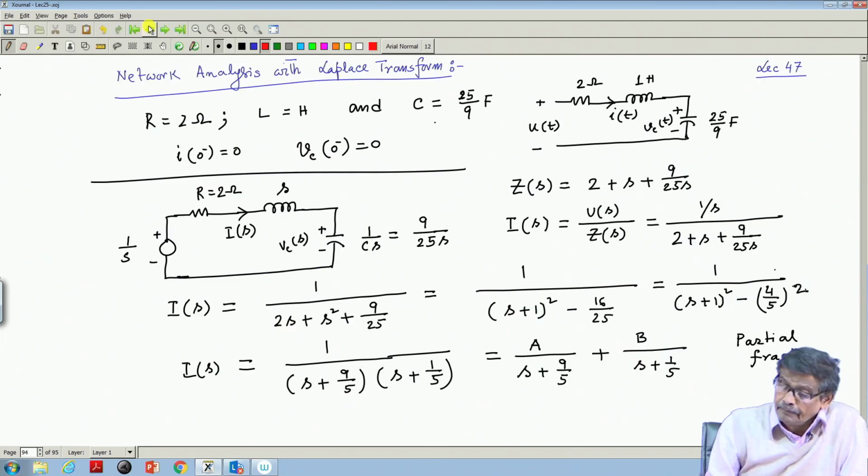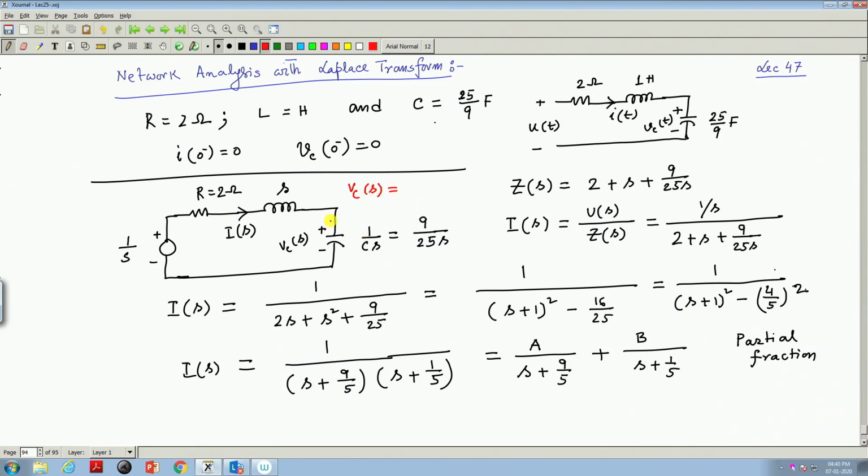For example, here VC(s) will be I(s) into 1 by Cs. The voltage across this is I(s) into 1 by Cs, its impedance is that of the capacitance. That way we will try to see.